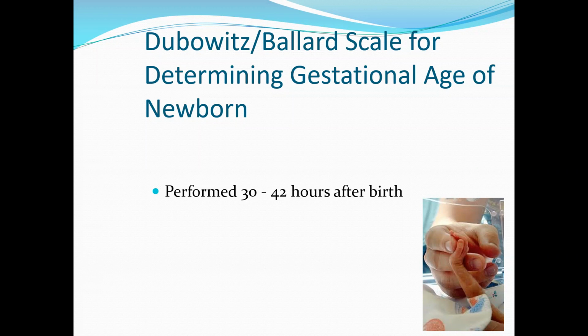And then gestational age assessment, which I like the best. So if you see any of these three, it's just referring to looking at the newborn to see how developed they are and determining whether they're average for gestational age, large for gestational age, or small for gestational age.